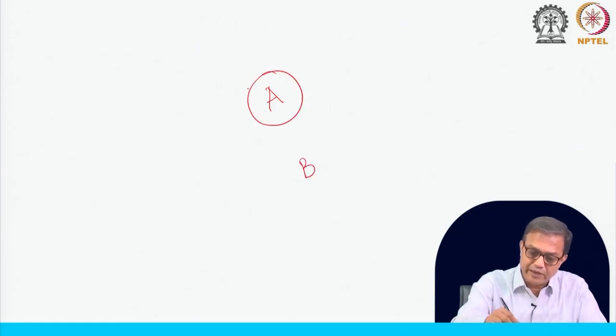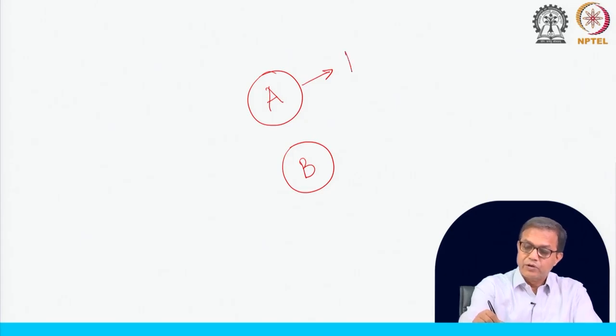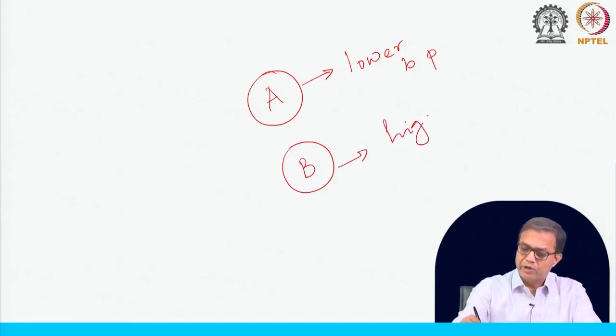Let me briefly give you an example. Imagine we have a mixture of two components, A and B, of which A is the lower boiling point component, and B is the higher boiling point component.